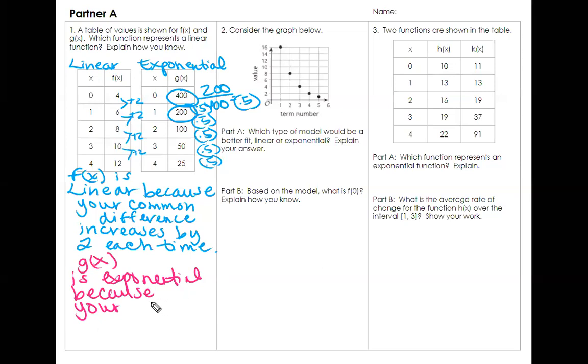Ratio or a factor, because that means you're multiplying. Because your common ratio or factor is decreasing by what? By 0.5 or half.